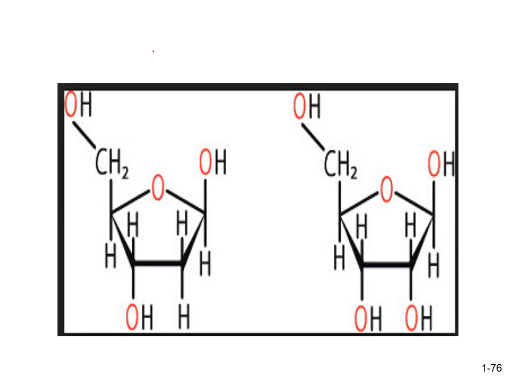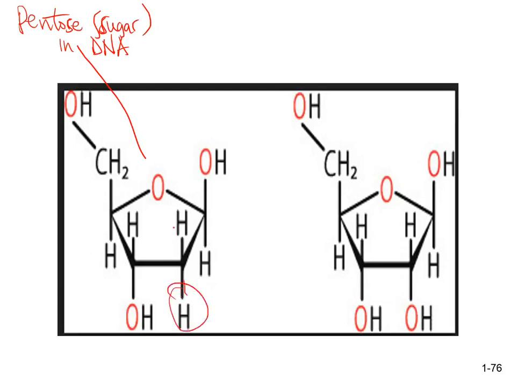You can also be given a diagram like this one between RNA and DNA. This is a pentose, the sugar in DNA. Why is it deoxyribose? You see here, no oxygen here.